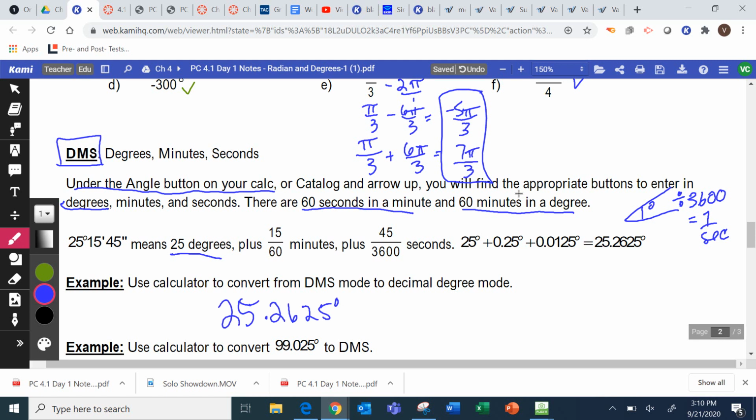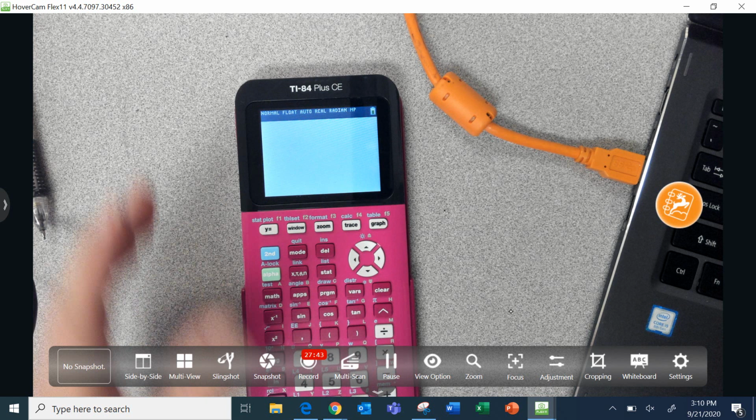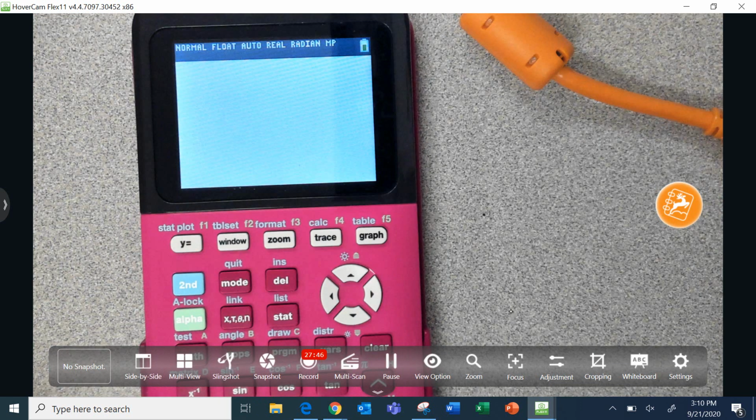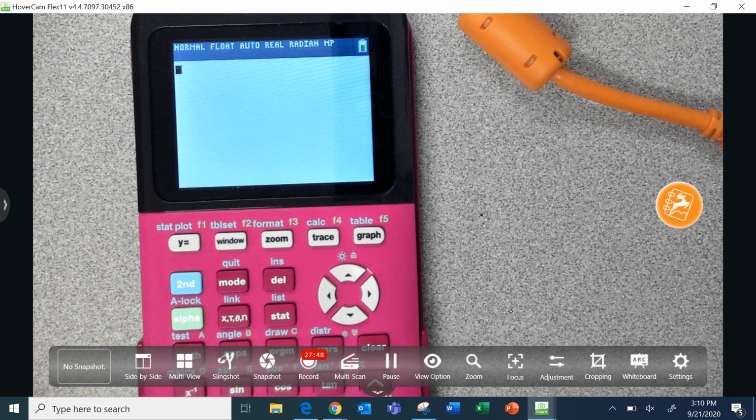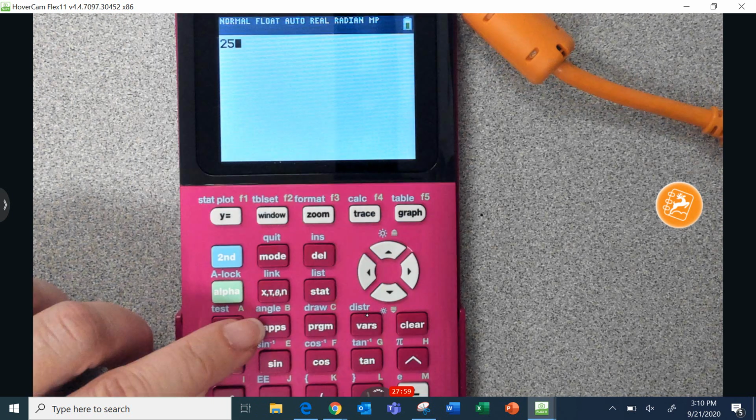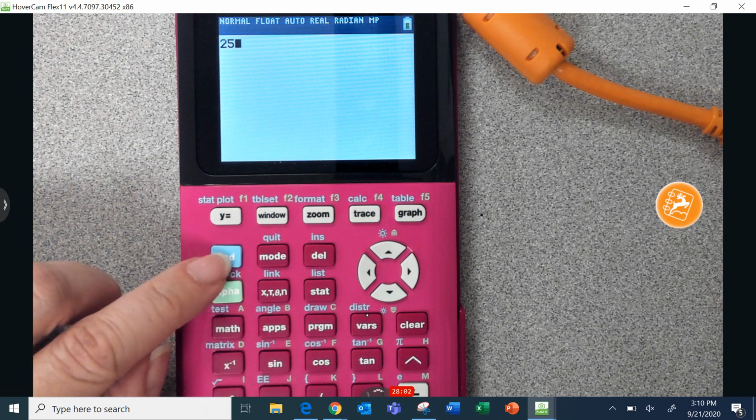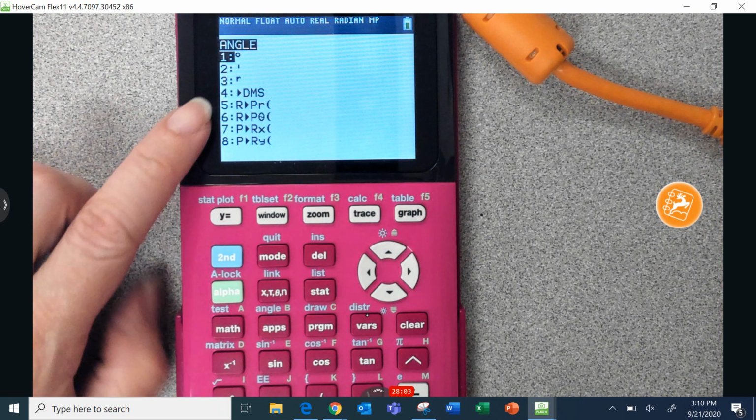So once you're on your calculator, just get mine zoomed in here and focused. Okay, when you're in the calculator, above it says angle. So we're going to go to the angle button, and you're going to see there's the degree symbol.